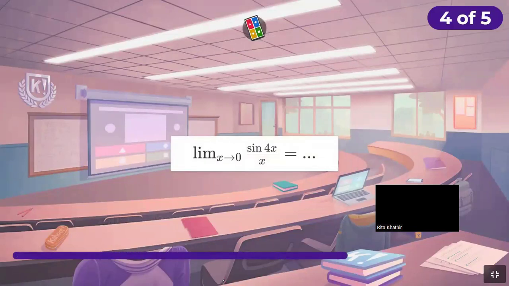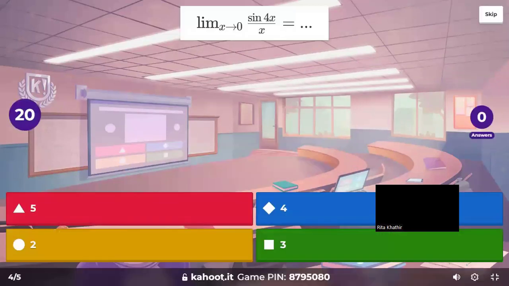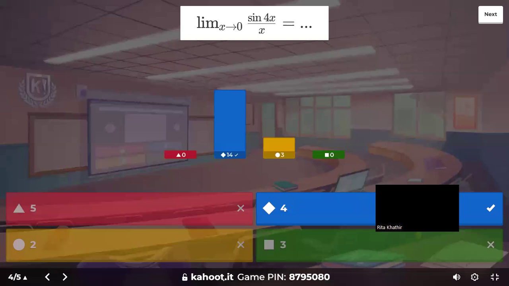Limit as x approaches 0 of sine of 4x over x equals to good. We need to multiply this by 4 over 4.